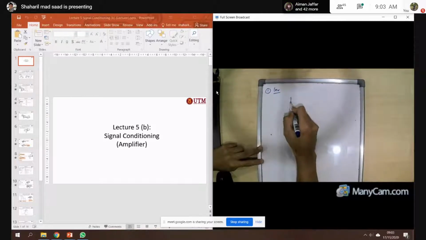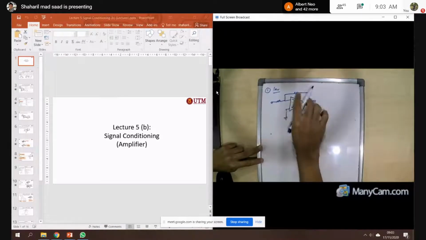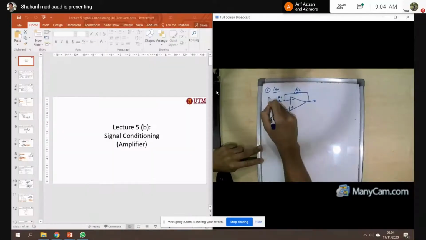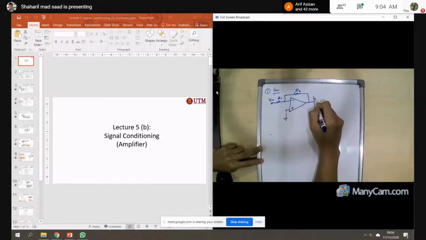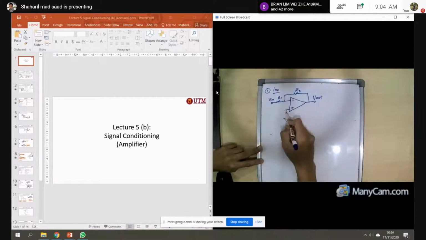This is the circuit for inverting. You have the feedback resistor R2, this one R1, this one Vin, and the other one is Vout. So this is the inverting circuit.